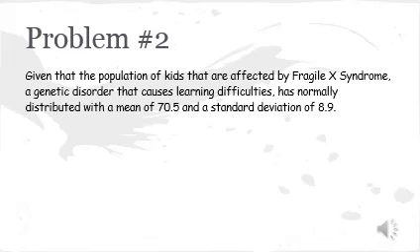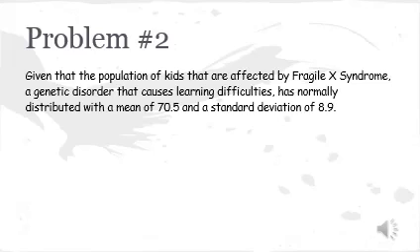In this problem, we are given that the population of kids that are affected by Fragile X syndrome, a genetic disorder that causes learning difficulties, is normally distributed with a mean of 70.5 and a standard deviation of 8.9.